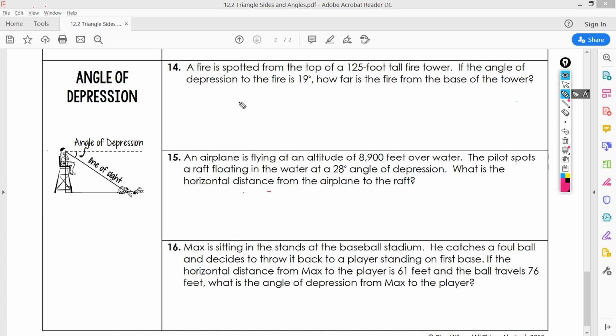So we've got a fire tower, which who knows what that is, and that's 125 feet tall. And we're looking down at a 19-degree angle. We want to know how far the fire is from the base of the tower, so we're looking for X. Here's my fire.